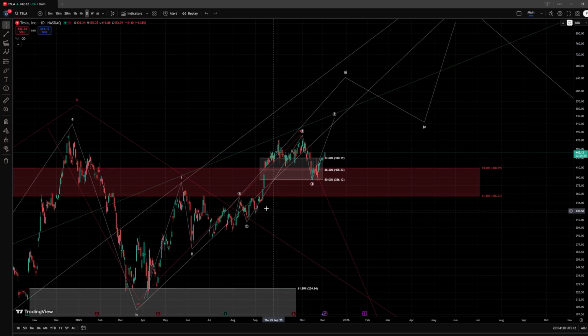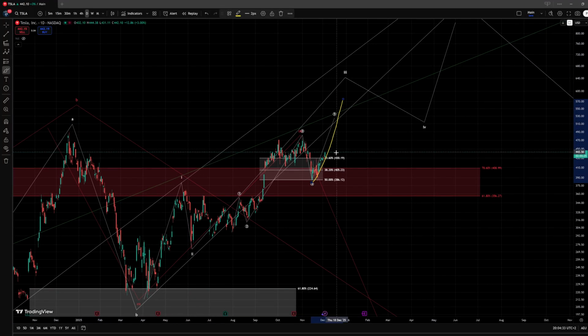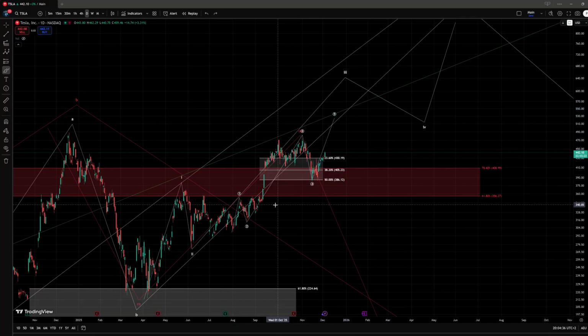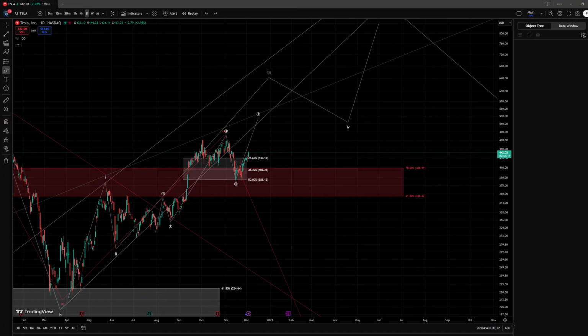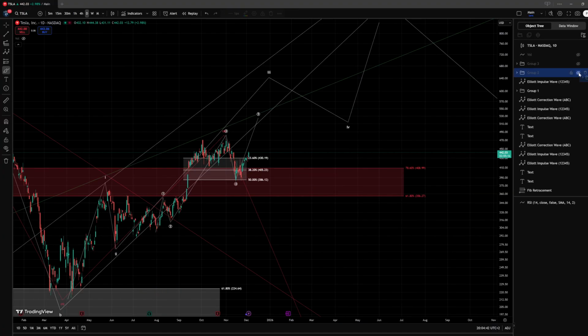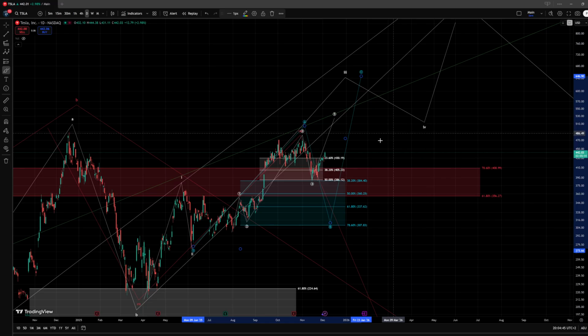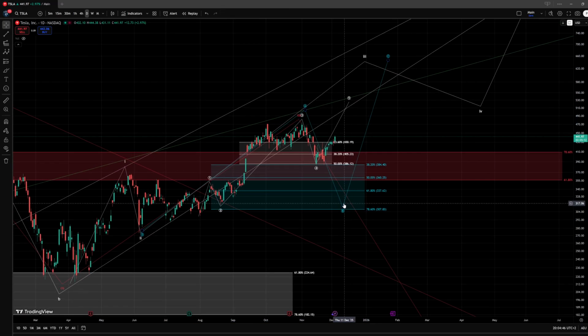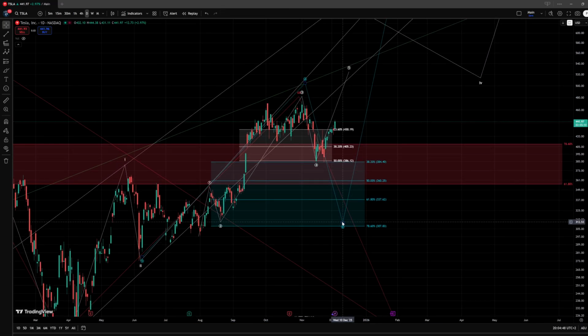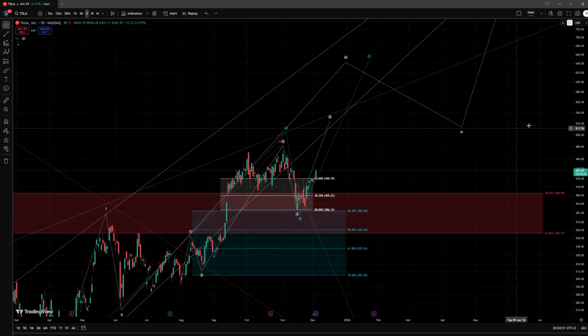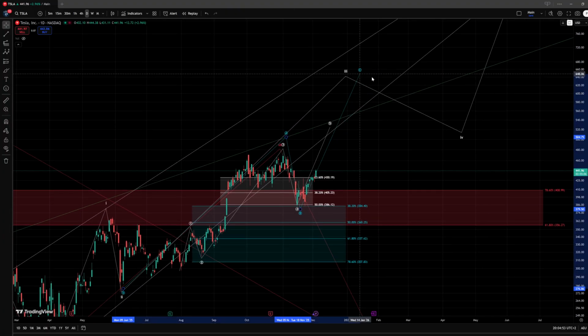Now the thing is, depending on how strong this wave 5 or this movement to the upside ends up being, we might need to reconsider that this is indeed a fifth wave, because from another perspective, here we have also been tracking this idea in blue, and we have also gotten to this area of support, which allows me to be looking also for the wave C to the upside.